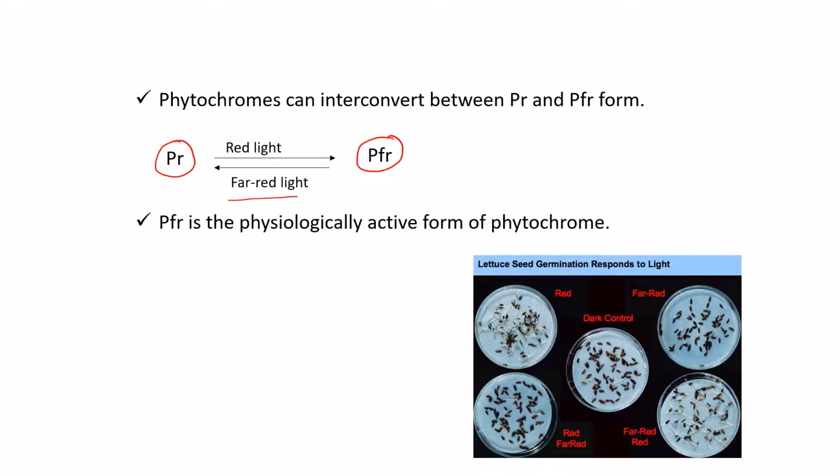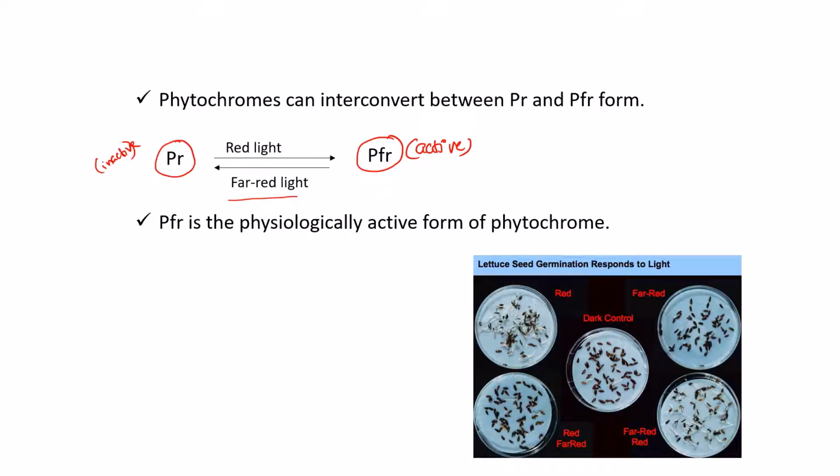And this PFR form is the physiologically active form of phytochrome. This is the active form and this is the inactive form. So, if PR absorbs red light, it converts to the PFR form, and that PFR form is the active form.